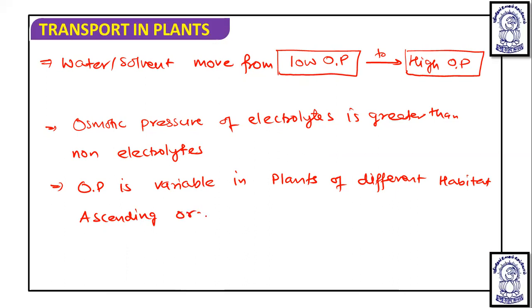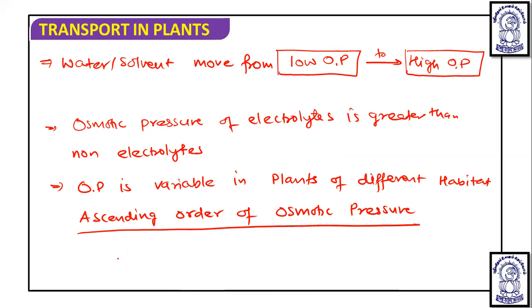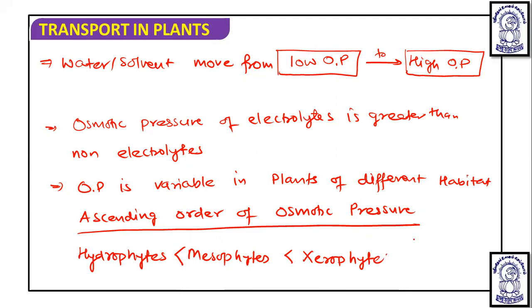If we talk about the ascending order of osmotic pressure, hydrophytes have osmotic pressure lesser than the mesophytes, which have lesser than the xerophytes, which have lesser than the halophytes.